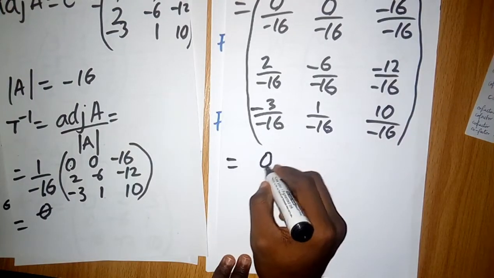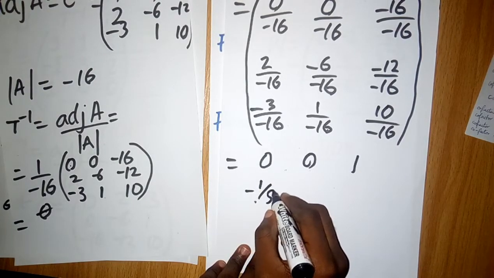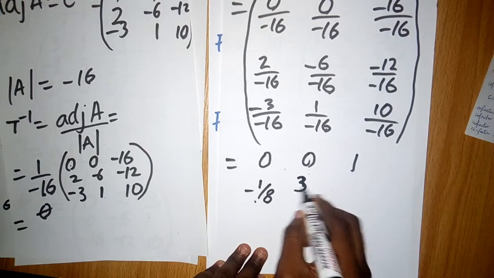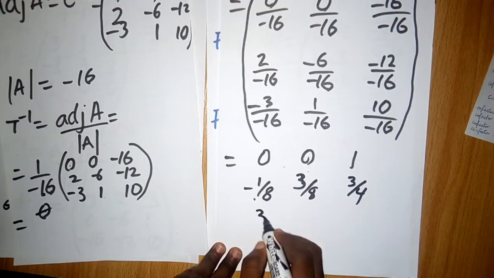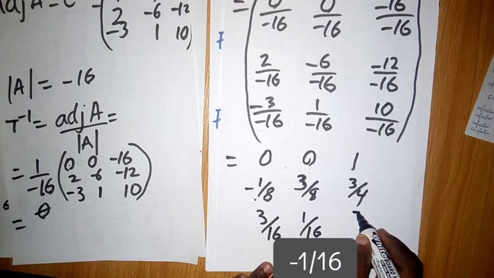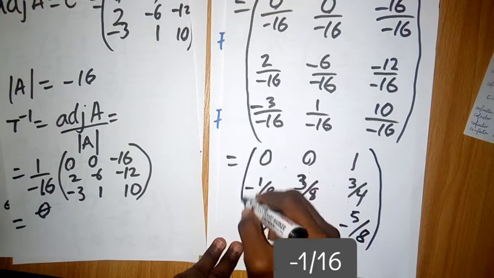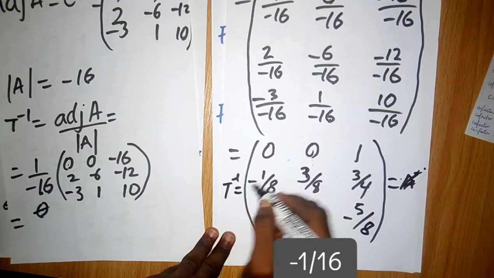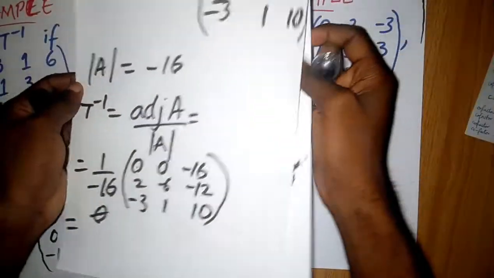By the time we solve this, we get 0, 0, 1, minus 1 over 8, 3 over 8, 3 over 4, 3 over 16, 1 over 16, and minus 5 over 8. All this gives us the inverse of T. So that's how you solve for T inverse, the inverse of a matrix.